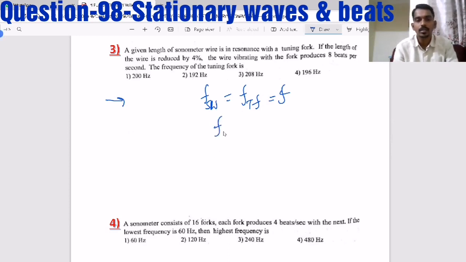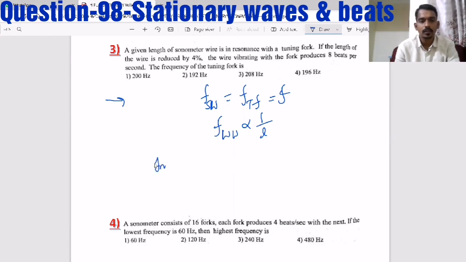See here, the frequency of the sonometer wire is directly proportional to 1 by length, V by 2L. So if the length of the wire is reduced by 4%, the length got reduced, then the frequency will increase.